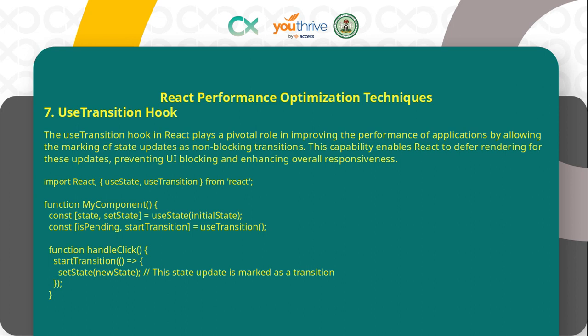This capability enables React to defer rendering for these updates, preventing UI blocking and enhancing overall responsiveness. So what this means is that if for some reason your application is handling some updates in the background and you're requesting another update, using the useTransition will give a feedback like the loading effect we just saw in our Suspense.